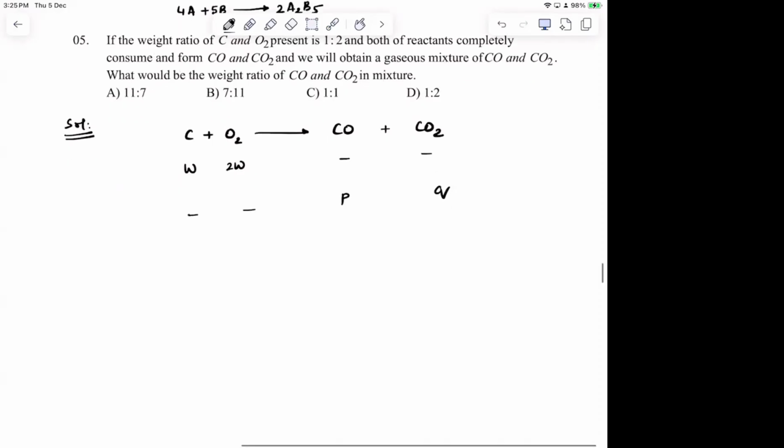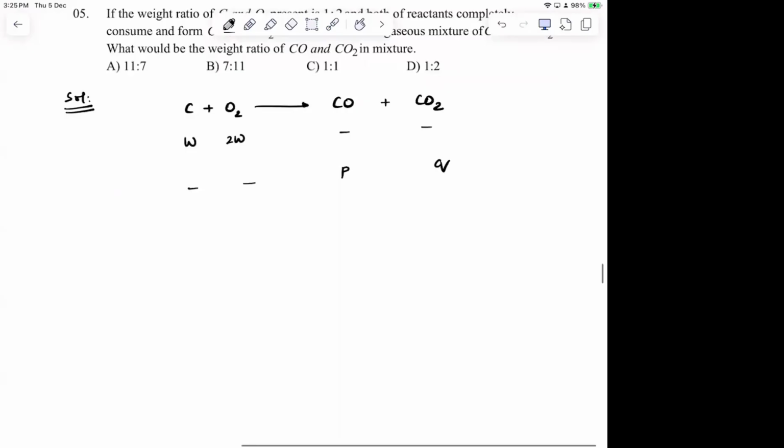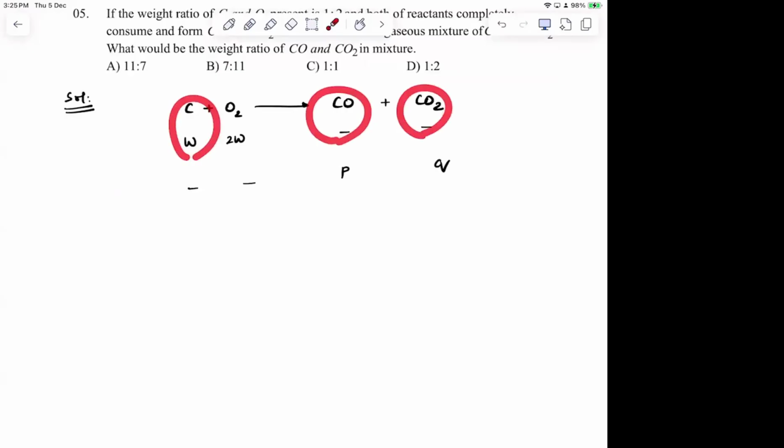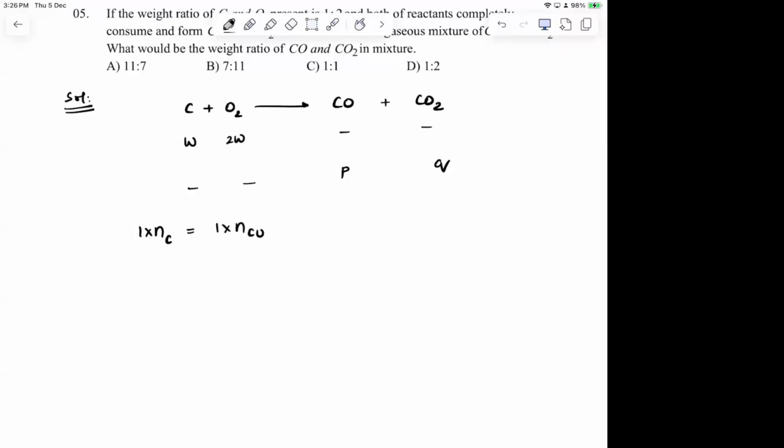These are the amounts which are being formed. So if we apply POAC, I can write 1 into number of moles of carbon must be equal to 1 into number of moles of carbon monoxide plus 1 into number of moles of carbon dioxide.